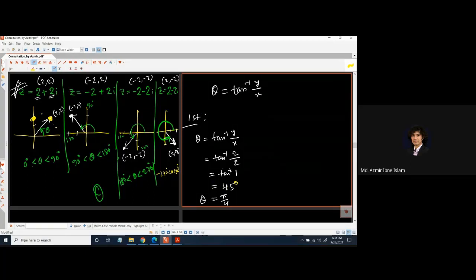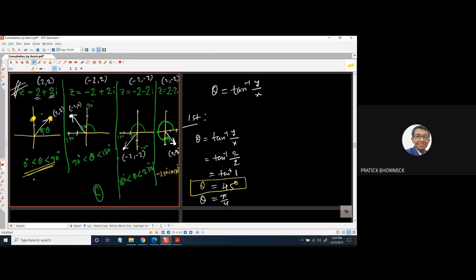For the first case, we have found the angle is 45 degree. Is it going with this pre-assumption? Yes or no? Yes, sir. Whatever guess we had previously is okay. So that means the angle derived from this formula, tan inverse y over x, is correct.